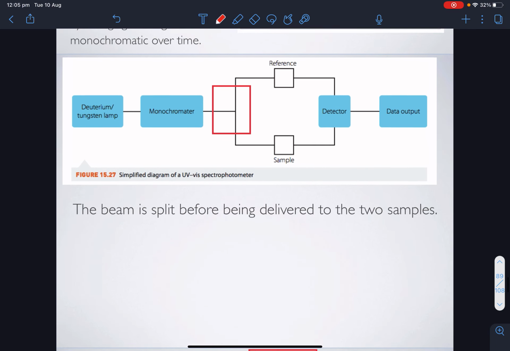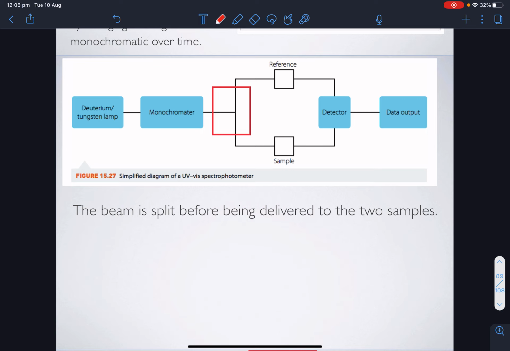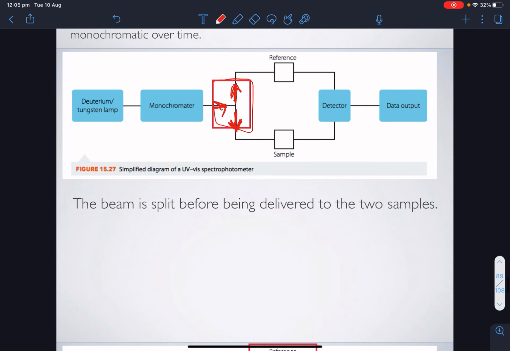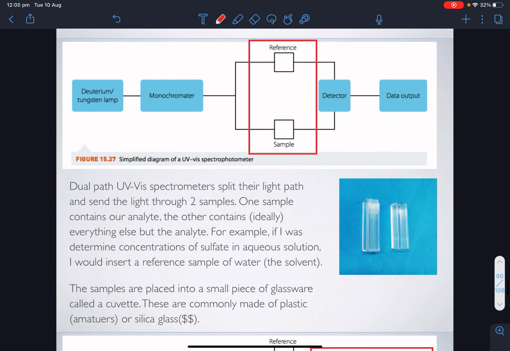Okay, from here, what we have is like a prism where the beam is split two ways. So light comes in all together and it's half split down there. So the same wavelength ranges, just half the light goes one way, half the light goes the other way. It's going to deliver to these two samples, the reference and the sample cell.